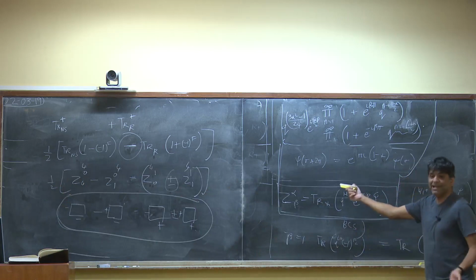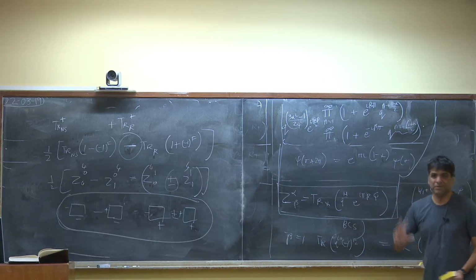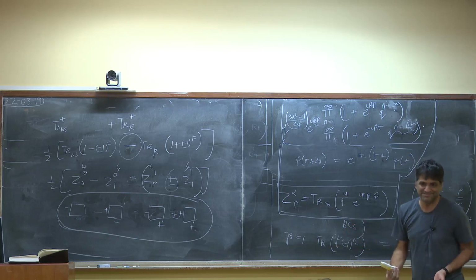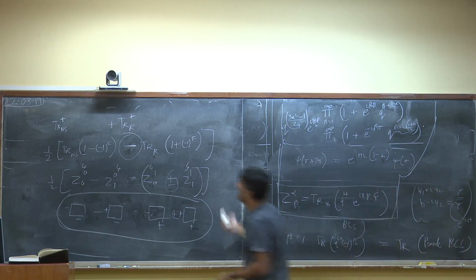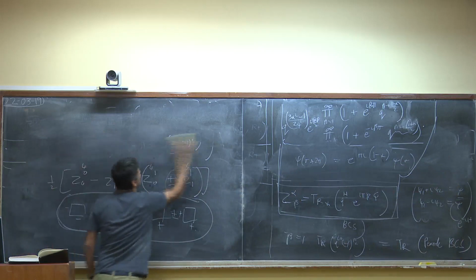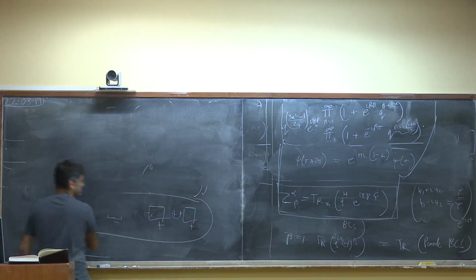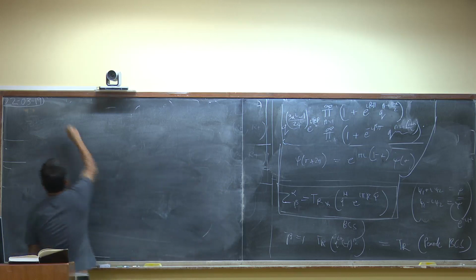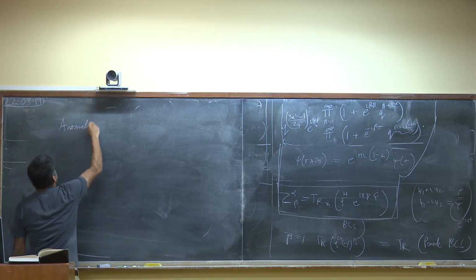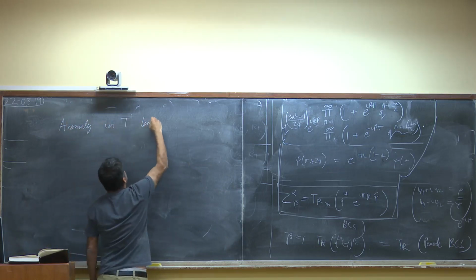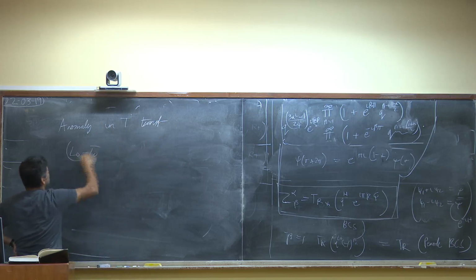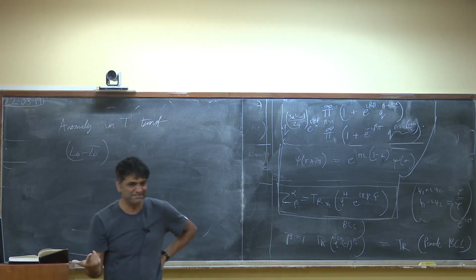And at funny values of alpha, you can see that these states do not have particularly nice L0 minus L0 bar values. That's basically the point. So the anomaly comes from the fact that L0 minus L0 bar is not in general an integer.